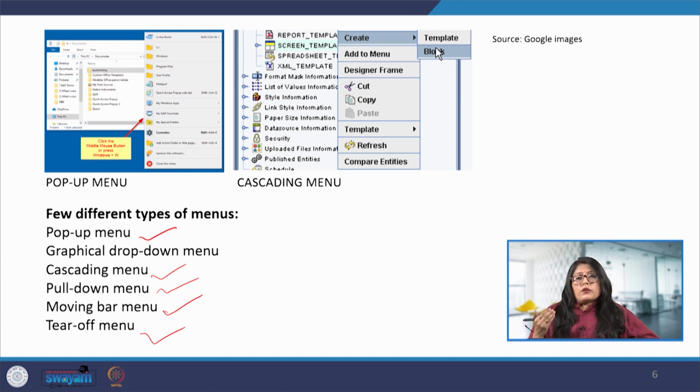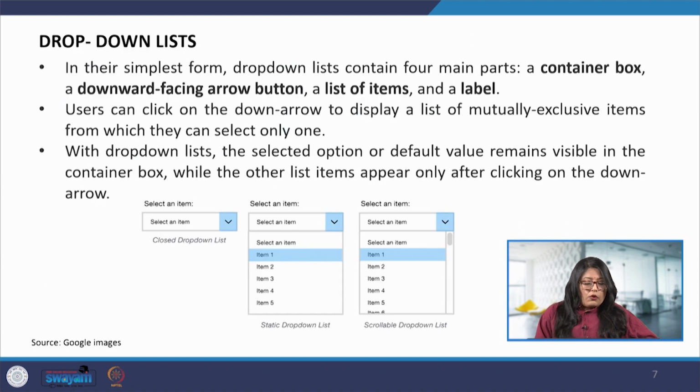And where is the tear off menu most applicable? If we want, for example, a larger screen to work on, we can move the menu around. So in certain situations, one of these will be more suitable, and we have to identify the application of that.